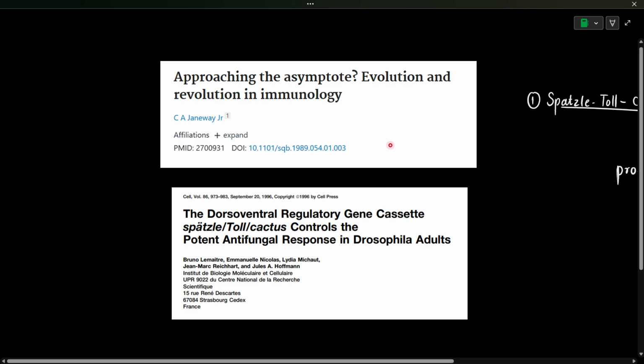But this idea of PRRs recognizing the PAMPs was extended later by researchers like Polly Matzinger, and they emphasized that PRRs are not just sensing the PAMPs, but they also sense damage associated molecular patterns.